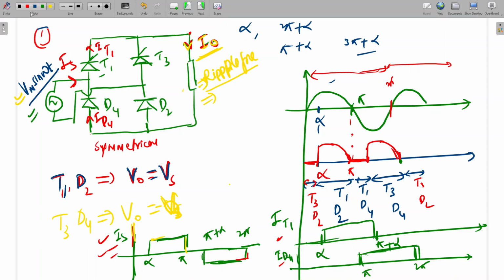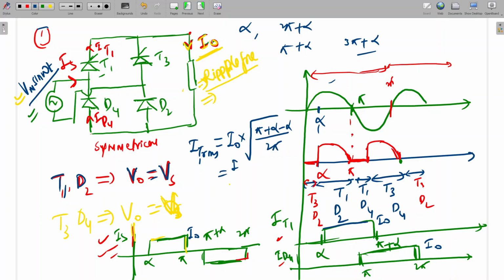From these waveforms we can calculate the RMS current and average current of the switch and the source current. IT1 RMS or IT3 RMS will be I naught into the square root of (pi plus alpha minus alpha) divided by 2 pi, since this magnitude is I naught.